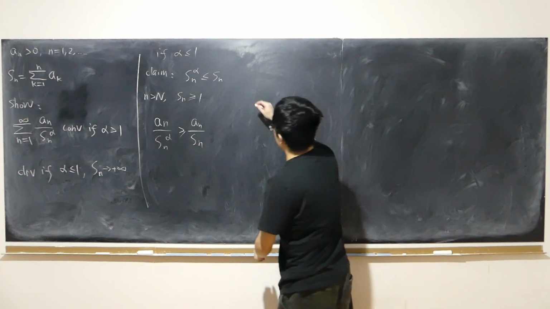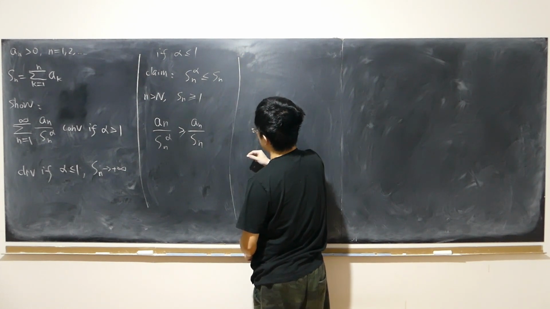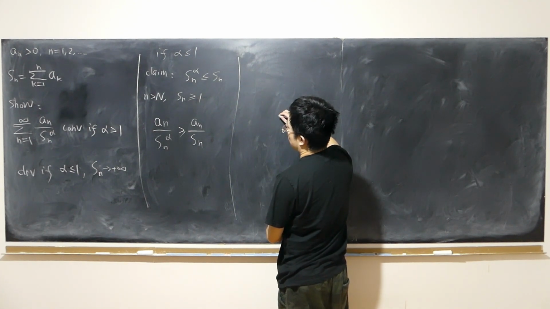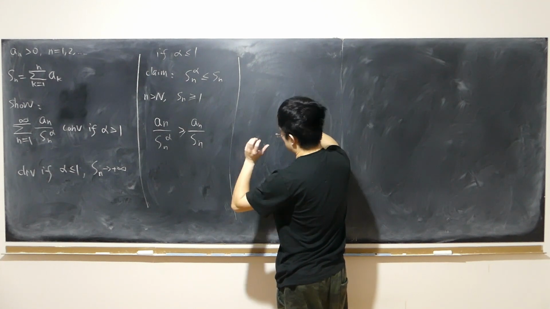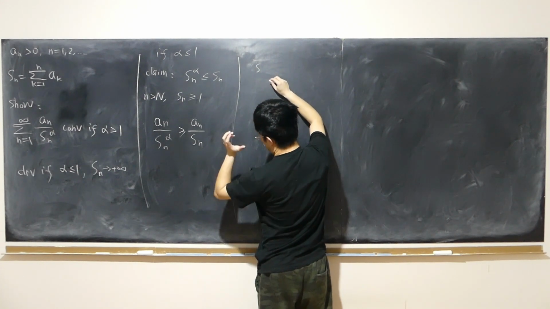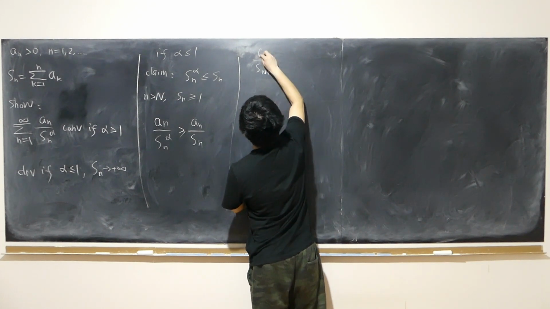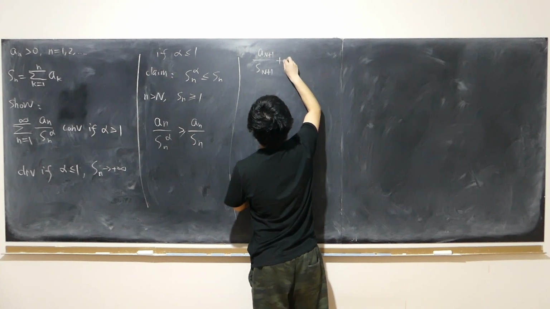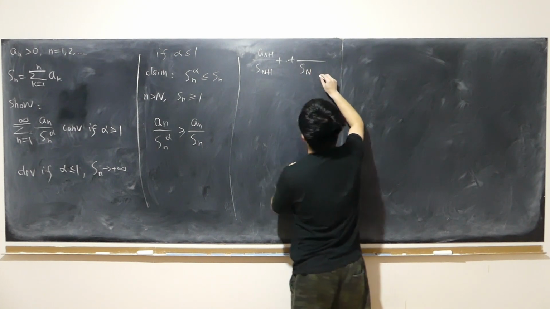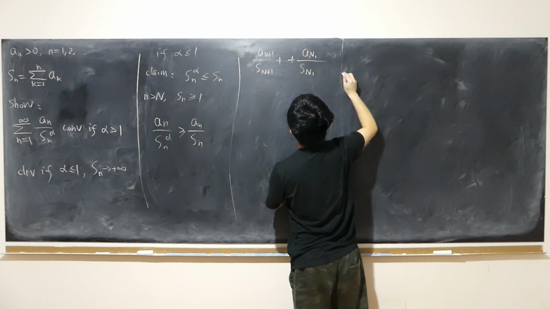Okay, so let's look at, I want to start from, for example, an plus 1 plus all the way up to capital N1.